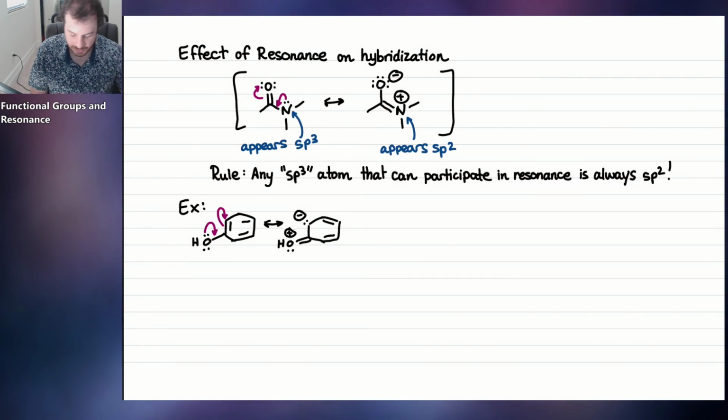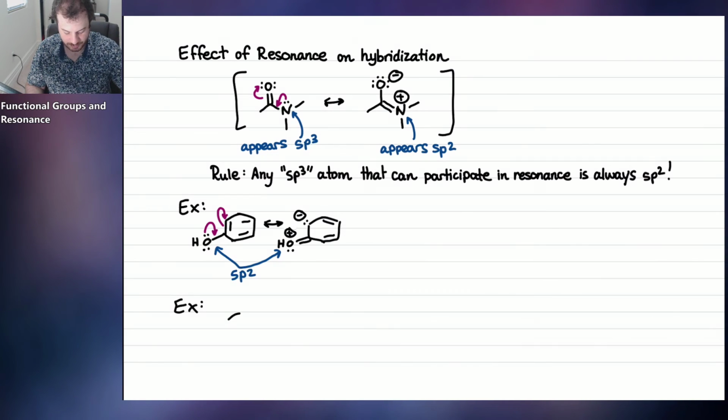And now if we look at the steric number of this oxygen, you can see that it's sp2. It has only 1, 2 sigma bonds and 1 lone pair with a steric number of 3. That's sp2. So our rule says that this oxygen must be sp2 at all times because it's participating in resonance. So it's sp2. Let's take a look at another example.